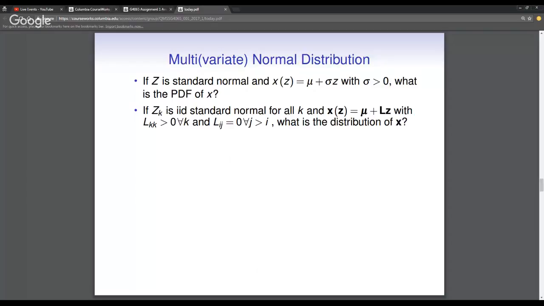What is the distribution of x, or what is the PDF of x?